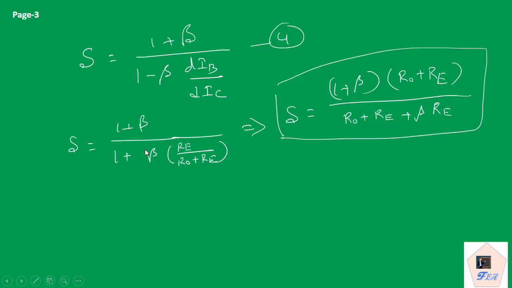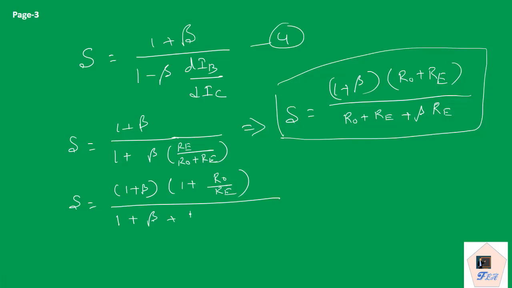Now in this equation, we can further divide the numerator and denominator by RE. We can reduce this expression to 1 plus beta into 1 plus R naught by RE divided by 1 plus beta plus R naught by RE. Now this R naught by RE is an important factor.